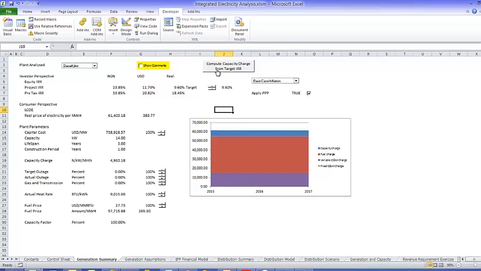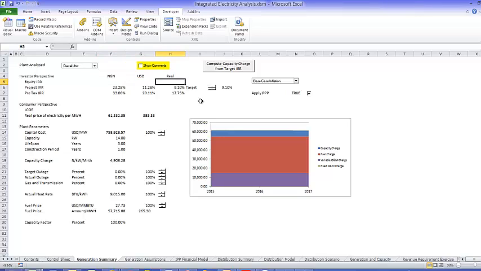Now when we do this, and let's check, change the target IRR and we get a different capacity charge. Okay, so there's a little sensitivity analysis in here.